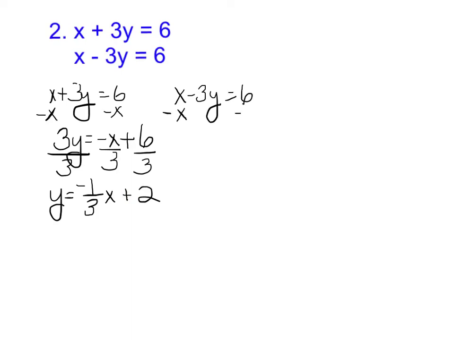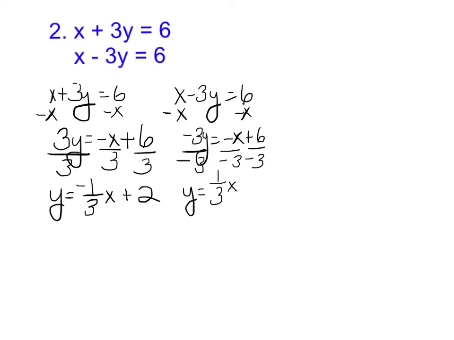I subtract x. Negative 3y equals negative x plus 6. Divide by negative 3. That gives me y equals positive 1/3, because a negative 1 divided by negative 3 is positive 1/3, x minus 2.